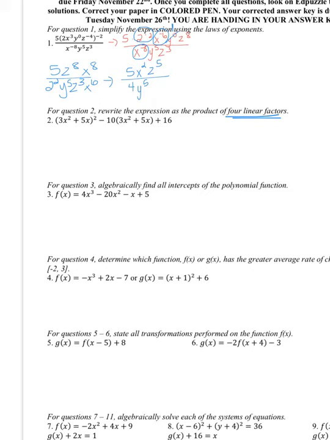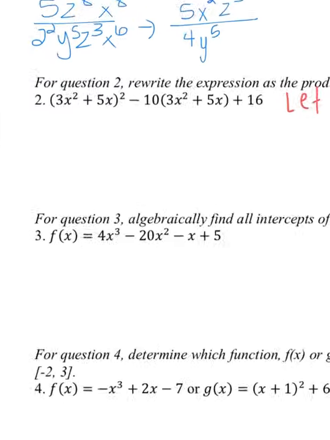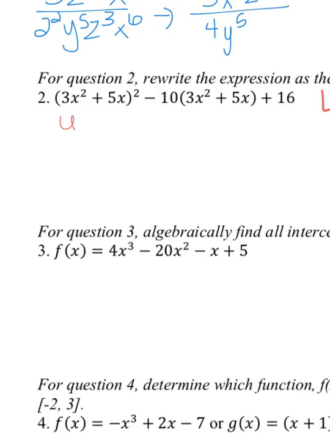So we are going to instead let u equal 3x squared plus 5x. So that when I replace this, now this is u squared minus 10u plus 16. And then I do master product on that.